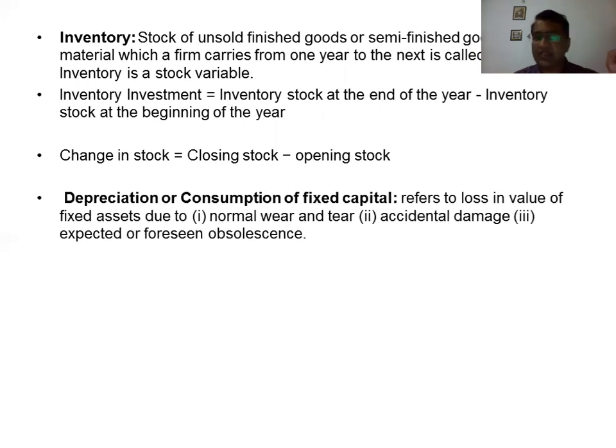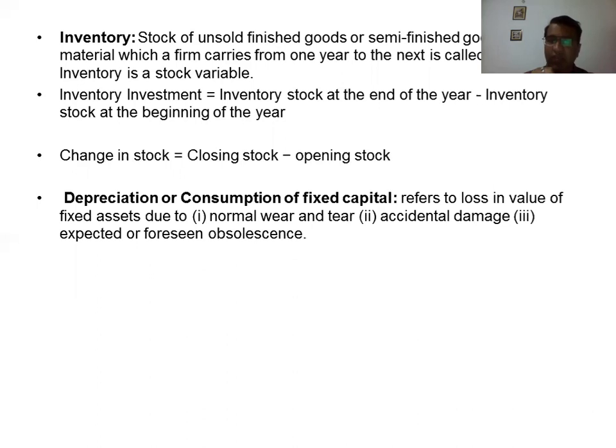Now, the next concept is depreciation, or consumption of fixed capital. Consumption of fixed capital, or depreciation, refers to loss in the value of fixed assets due to normal wear and tear, accidental damage, or expected or foreseen obsolescence. It is expected.